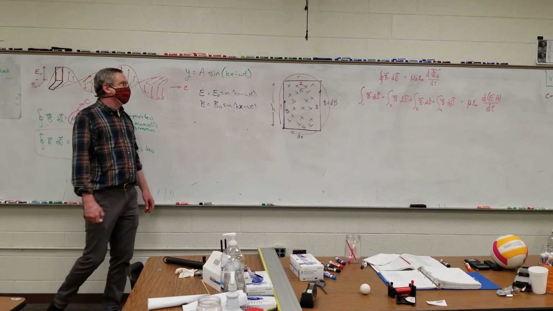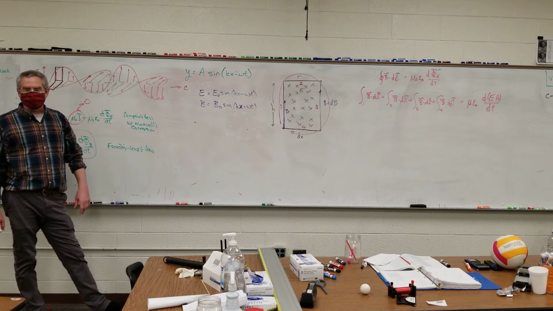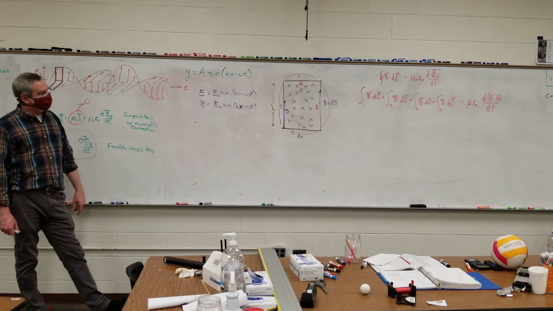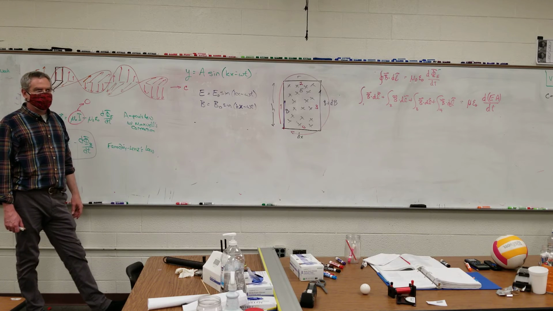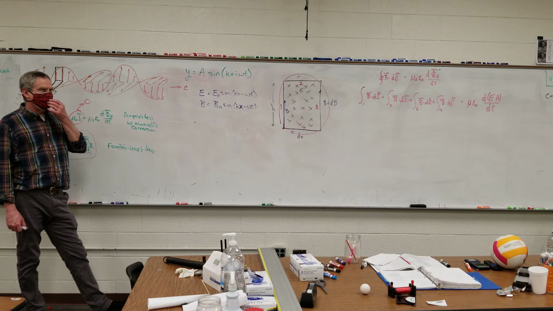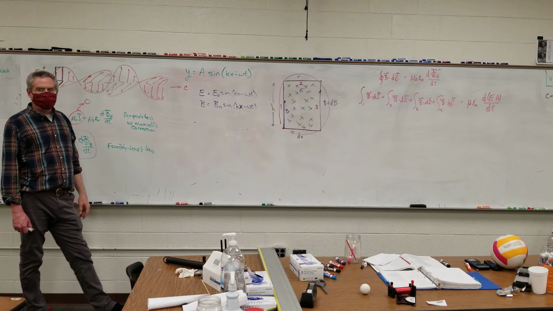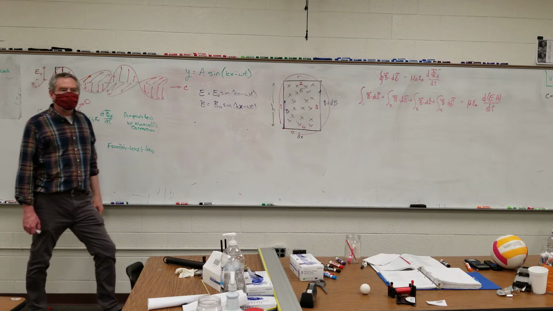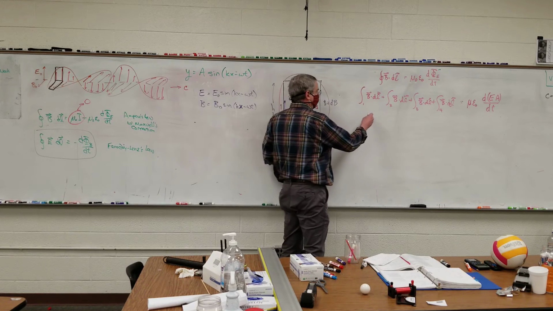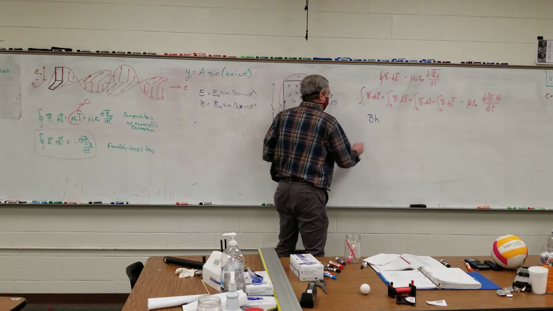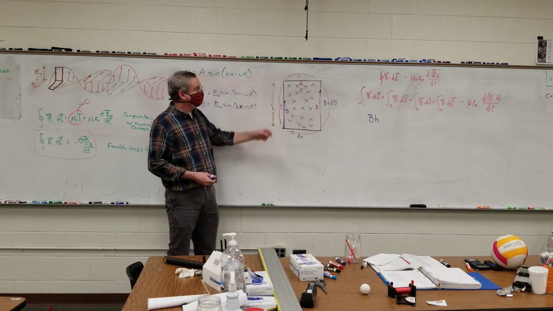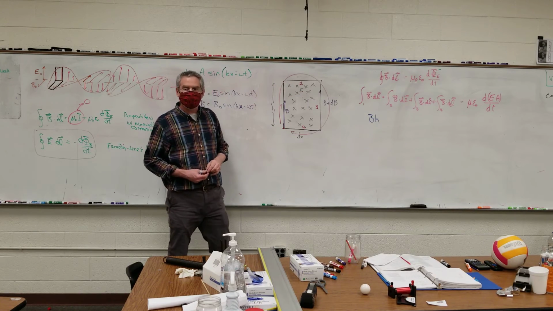Let's start taking our paths. Path number 1, what is the integral of B dot dl along path 1? BH. Yeah, it's just magnetic field times H. Along path 2? 0.